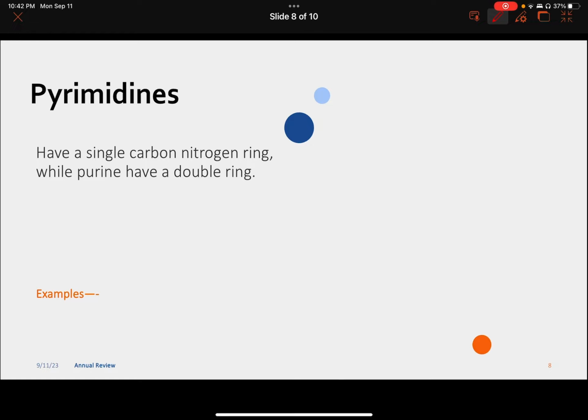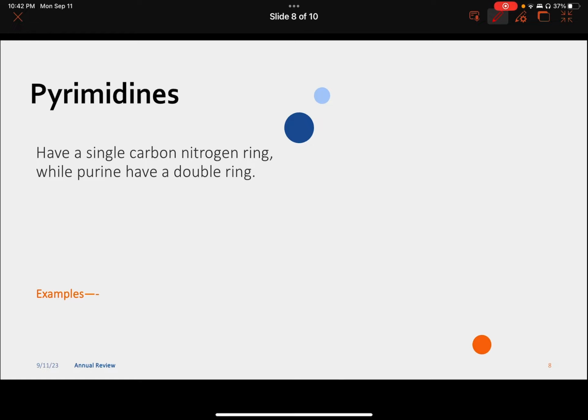Please note that. And purine has a double ring. More specifically, purine consists of a pyrimidine that is fused to the imidazole ring.